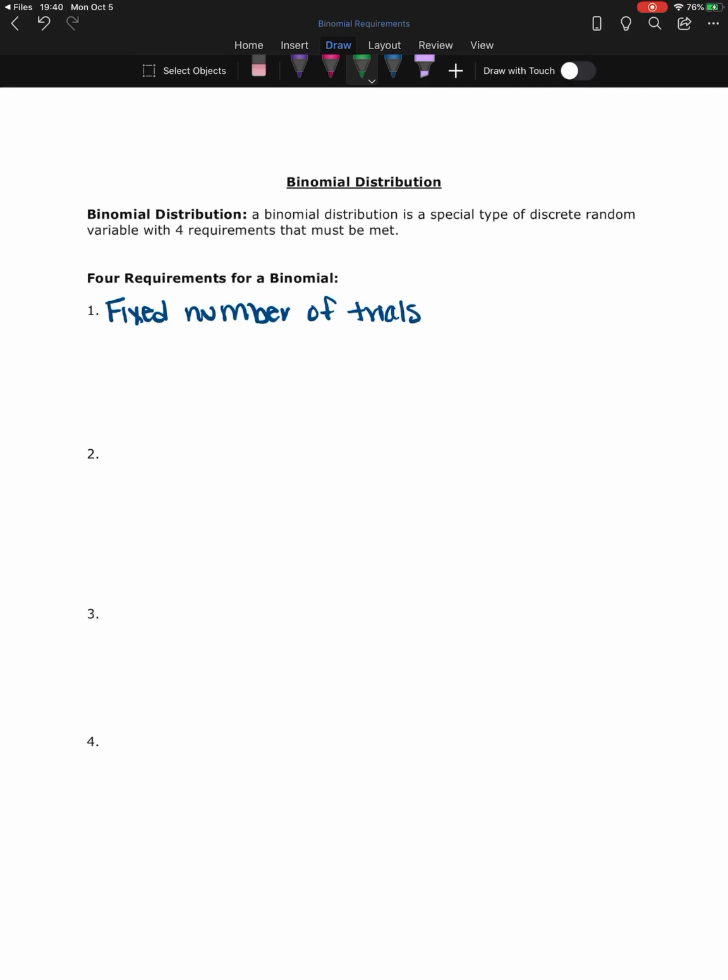The second requirement for a binomial is that the trials are independent trials, meaning the outcome of one trial does not affect or give us any information about the result of the next trial.